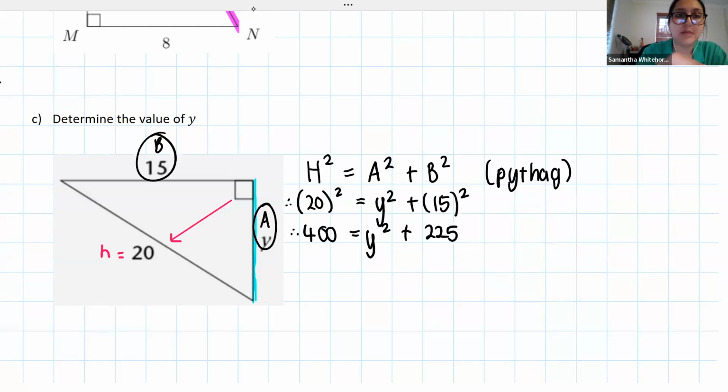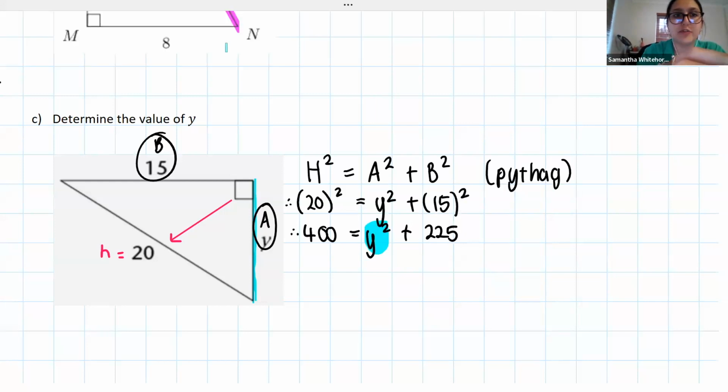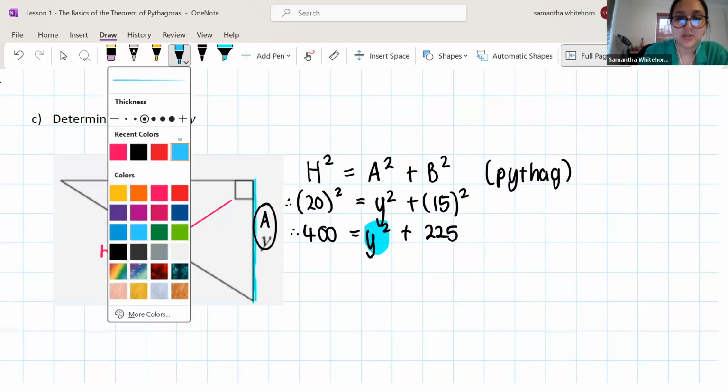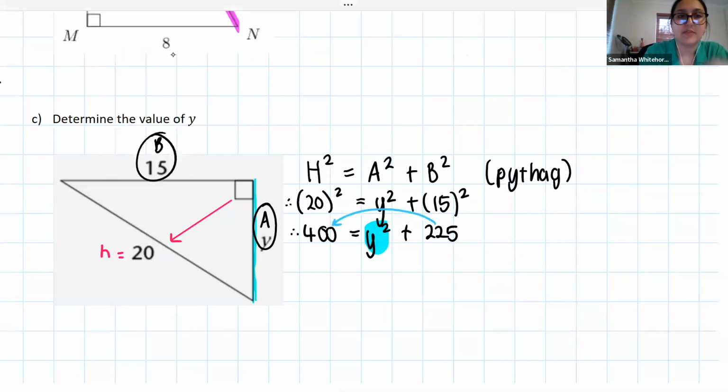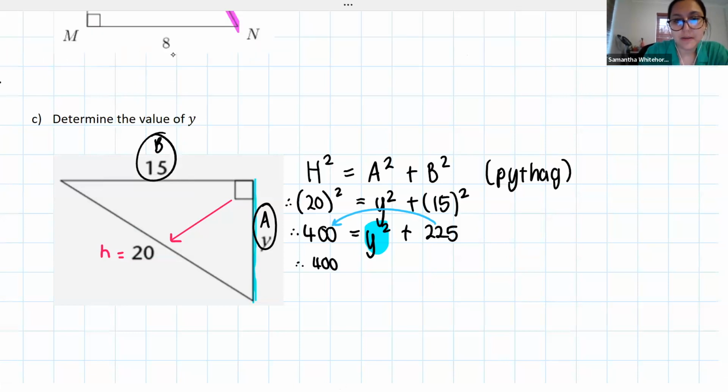225. Now, guys, remember, this is solving an equation. We want to get y. So the first thing I'm going to have to do is bring my 225 over using my inverse operations. So I'm going to have 400 minus 225 is equal to y squared, and 400 minus 225 is 175.